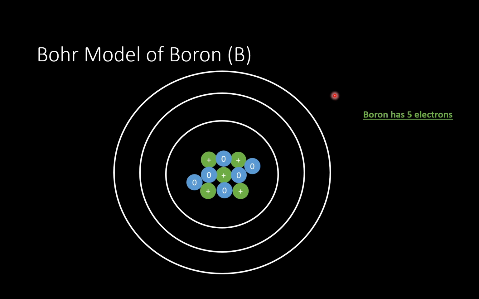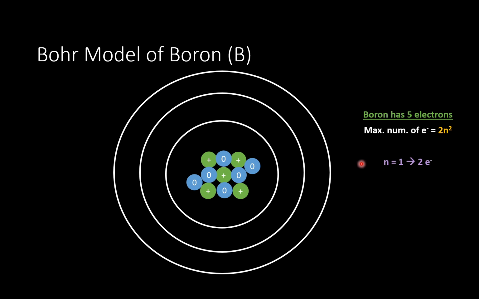So based off the formula that we were given in the last slide, we know that the maximum number of electrons that can be in any shell can be expressed as 2n to the power of 2. So the first shell can have a maximum of 2 electrons.